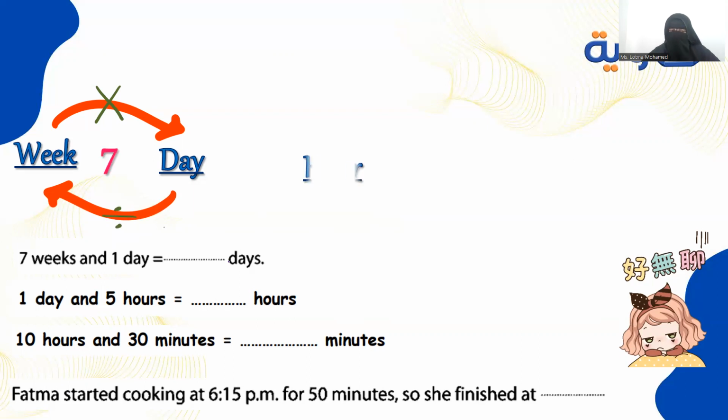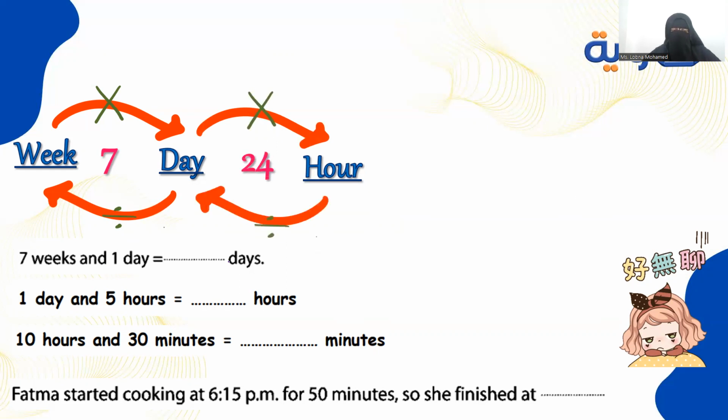What about if I want to change from day to hour? We have 24 hours in a day. So we have to multiply by 24. And from hour to day, we have to divide by 24. What about from hour to minutes? We have 60 minutes in 1 hour.